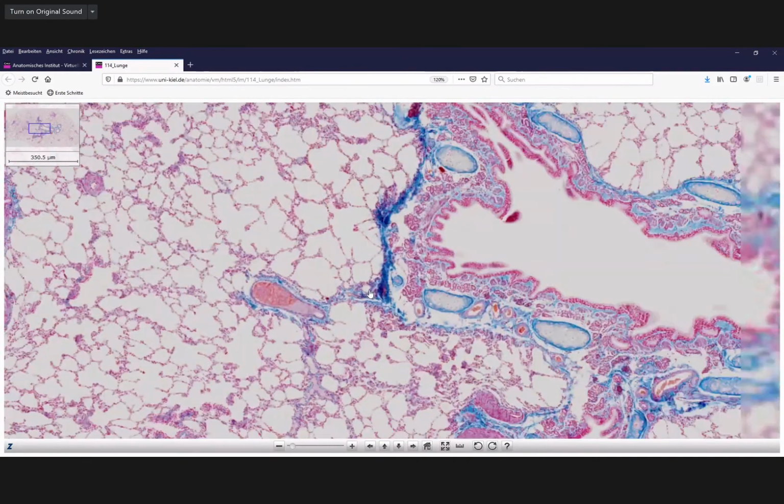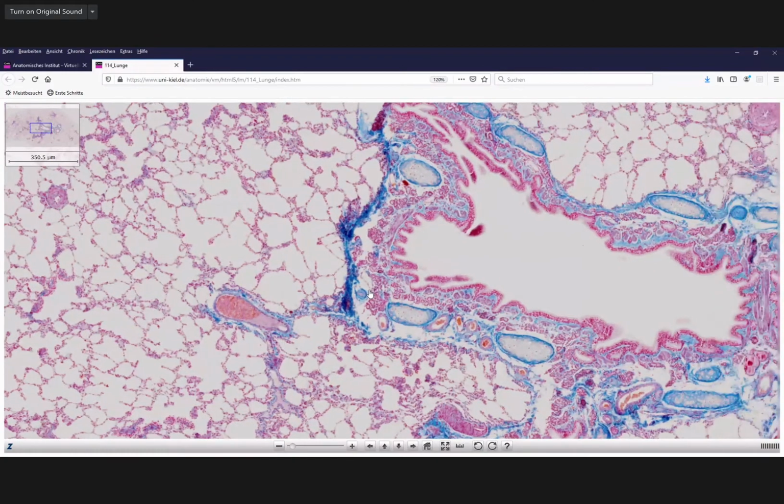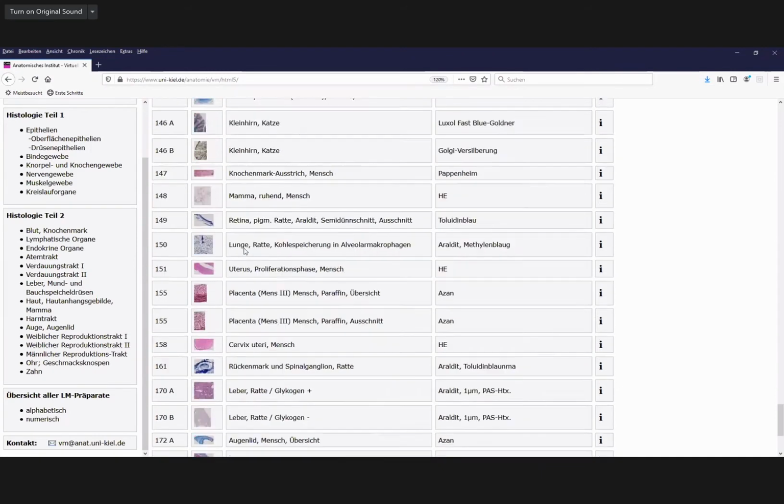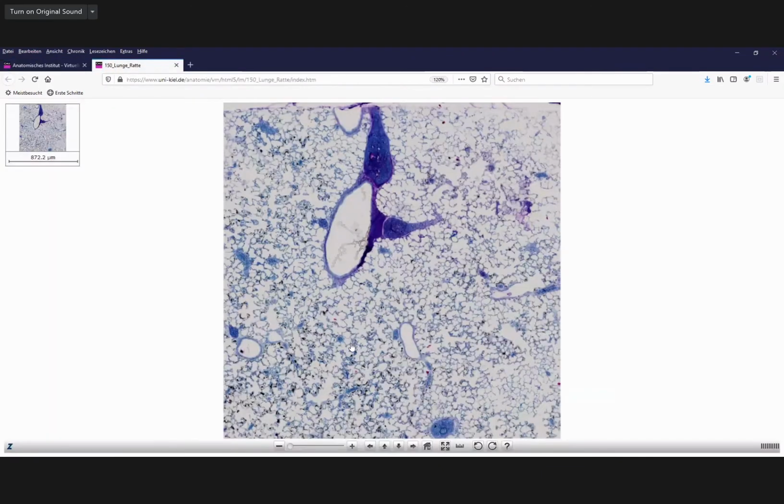Okay, any questions related to this specimen here? If that is not the case, we switch to 150, which is also a lung tissue. And here it says this is a lung from a rat.